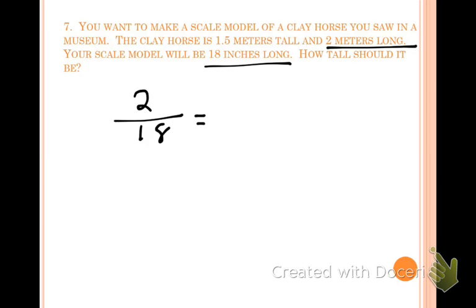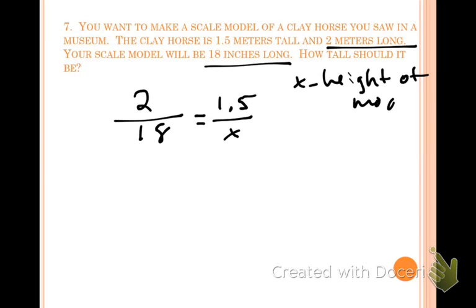I want my next ratio to follow the exact same pattern. So it would be 1.5 over, which we don't know. We don't know the height of our model. So let it be x, where x is going to be the height of the model.